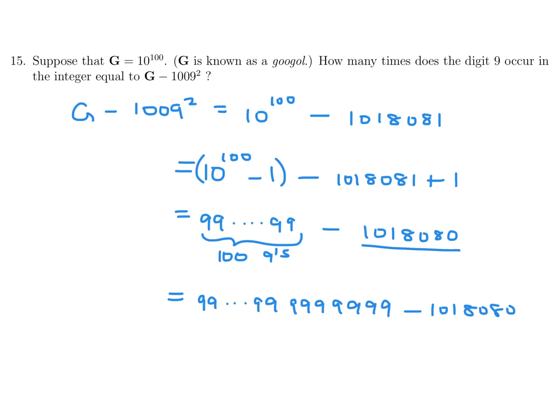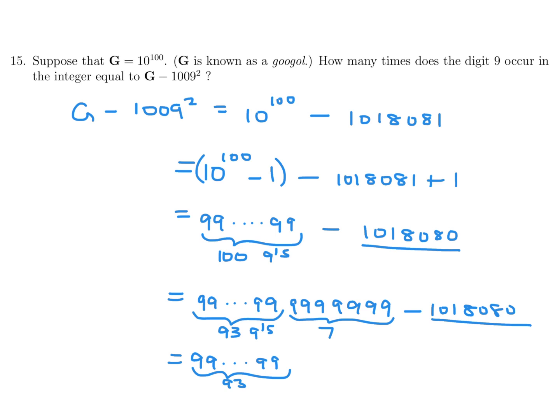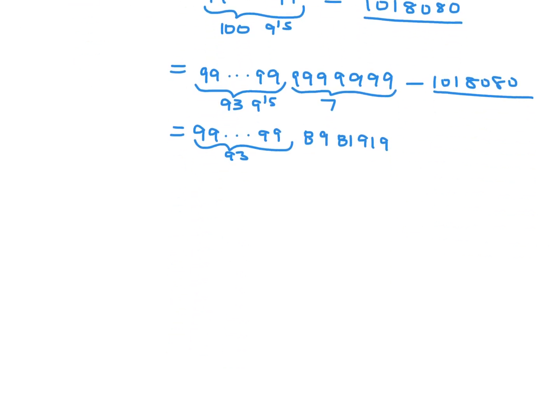Okay, so of those 100, 93 of those 9s are untouched, and then these 7 of them are going to actually be affected by that guy. So we're going to have all those 9s untouched, the 93. And then this number, the 9999999 minus the 1018080 becomes 8981919. So now that's the final number.